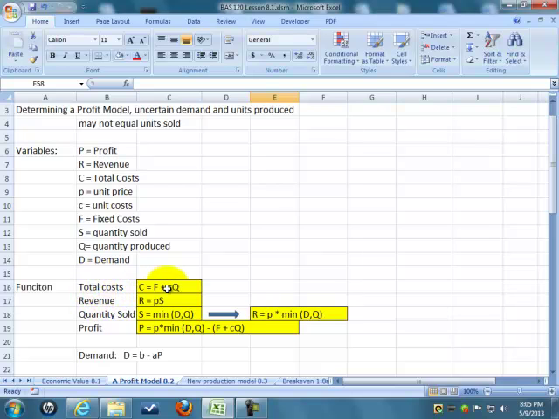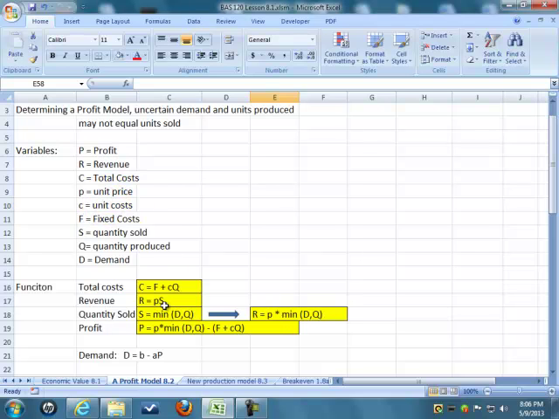So as a reminder, our total cost is equal to our fixed cost plus our variable cost. Well, our variable cost is simply our per unit cost times the quantity produced. That's how much it costs us. Revenue equals our unit price times the quantity sold.